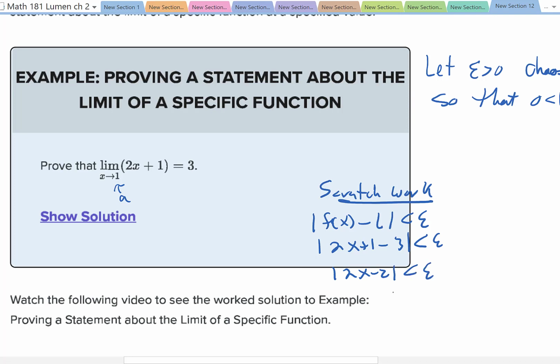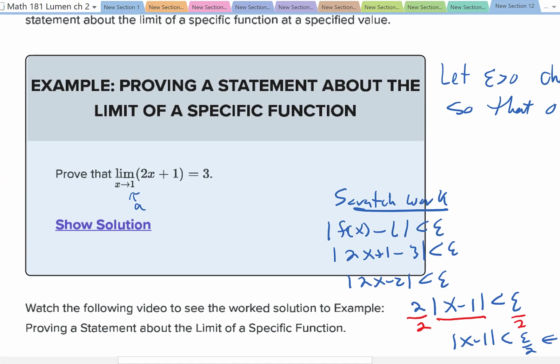And I can factor out a 2, so it'll be 2 times the absolute value of x minus 1 is less than epsilon. And I want to point something out, is that this x minus 1 looks very similar to this x minus 1. In fact, those are the same thing. So if I were to take this 2 and divide it out of both terms, I would have the absolute value of x minus 1 is less than epsilon over 2. And that's what we can identify our delta to be.